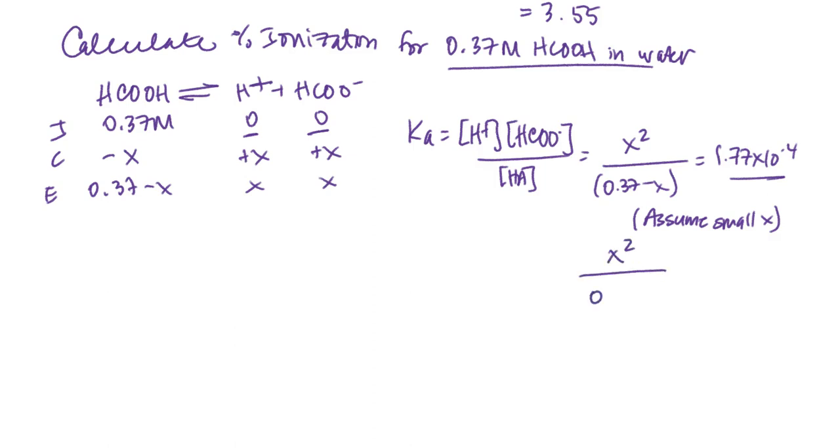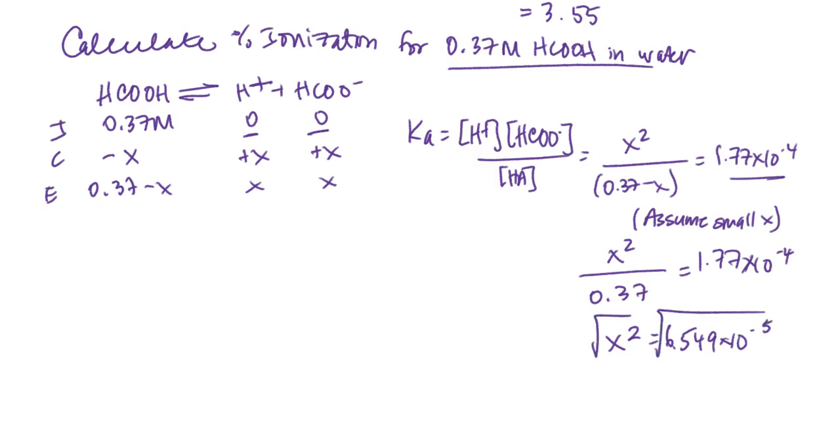If I do that math, as we did in the previous chapter, I get x squared is equal to 6.549 times 10 to the negative fifth, and then I take the square root of both sides, and in this case x is 8.1 times 10 to the minus 3 molar.